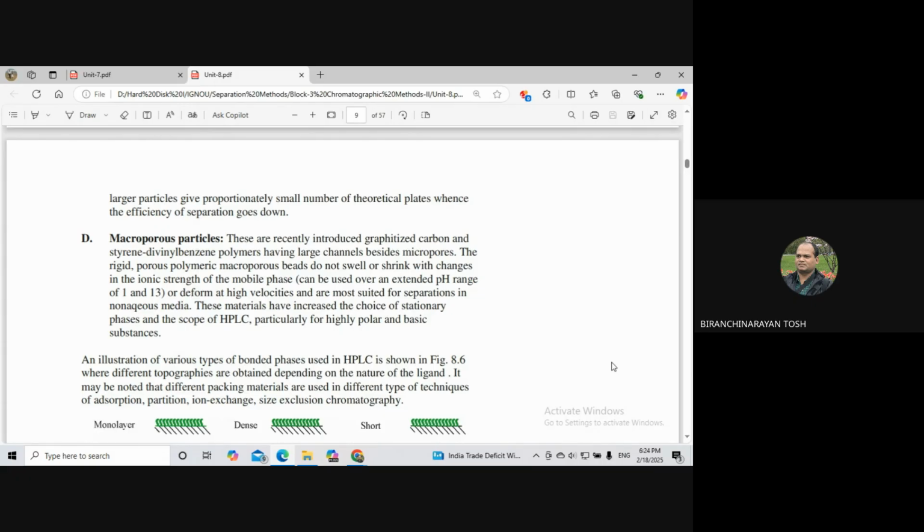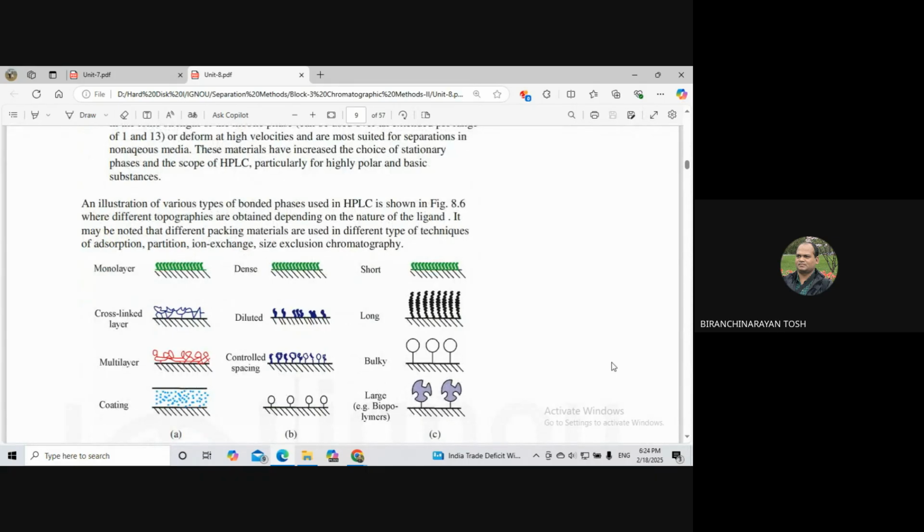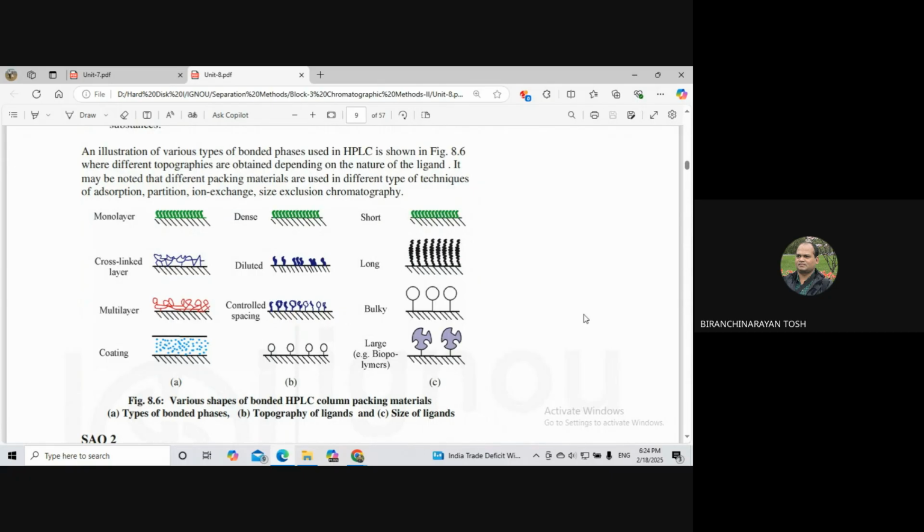They don't deform at high velocities and are most suited for separation in non-aqueous media. These materials have increased the choice of stationary phase and the scope of HPLC. The various types of bonded phase used in HPLC are shown here.